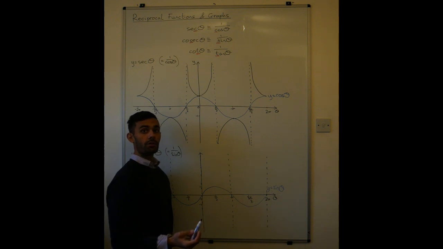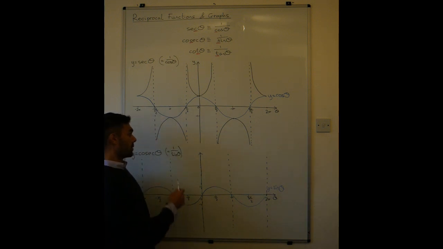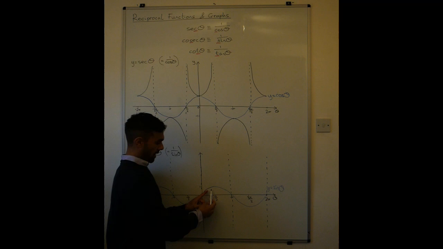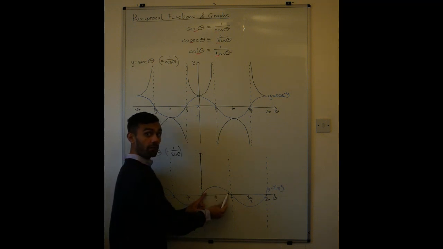Okay, so cosec is undefined at those values because you can't do 1 divided by 0. Alright, and then to draw cosec, again, if sine is positive, cosec will be positive, and it's going to touch the peaks and troughs of the sine curve.